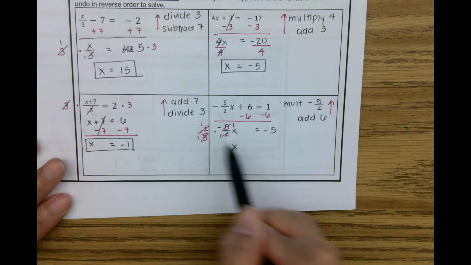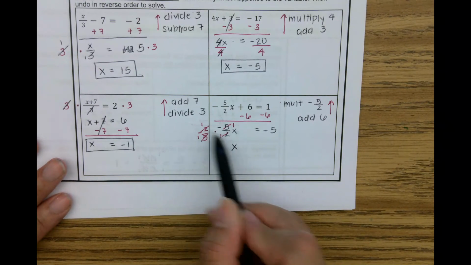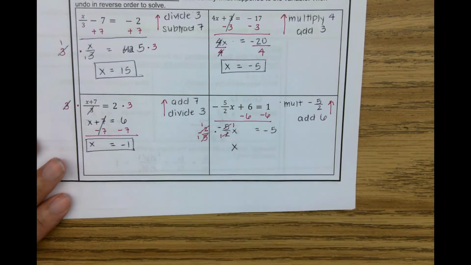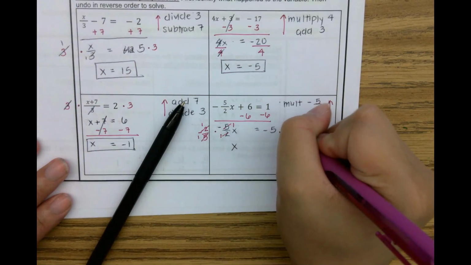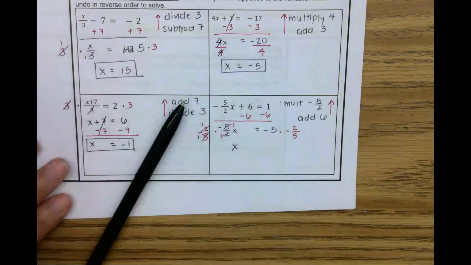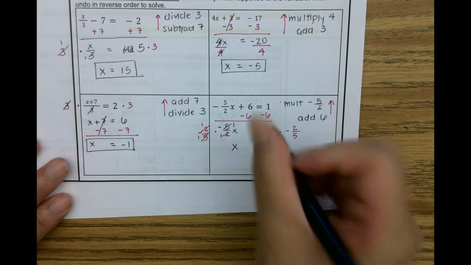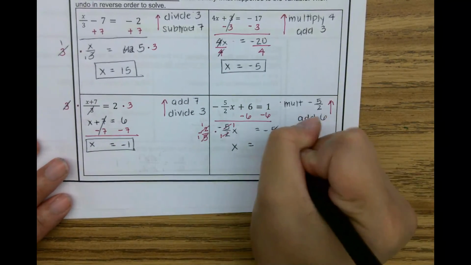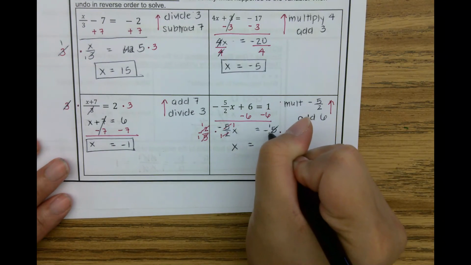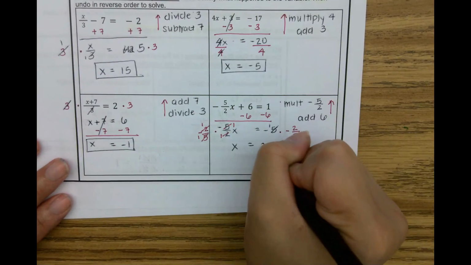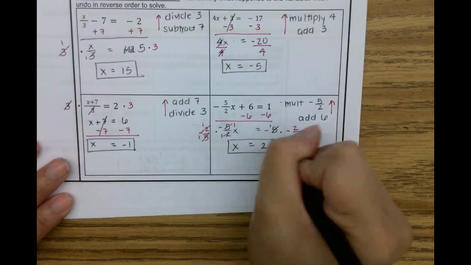Do it on the other side. Okay. Negative times a negative is a positive, and then the 5 divided by 5. And then with a 2, negative 1 times negative 2 would give me a positive 2. And so x equals 2.